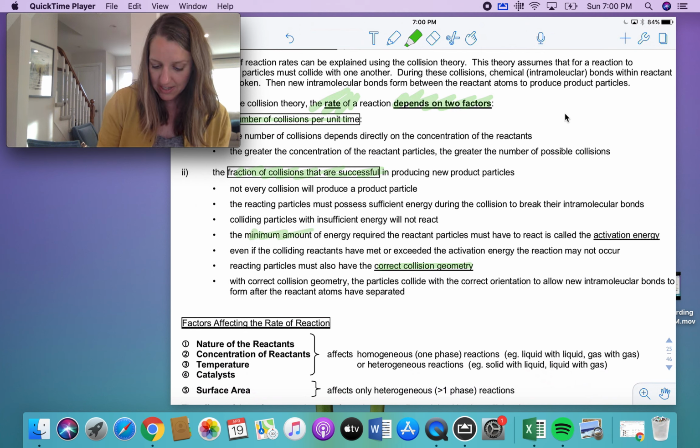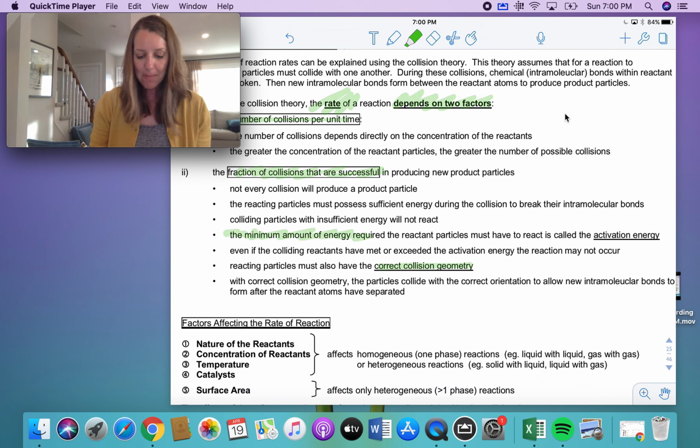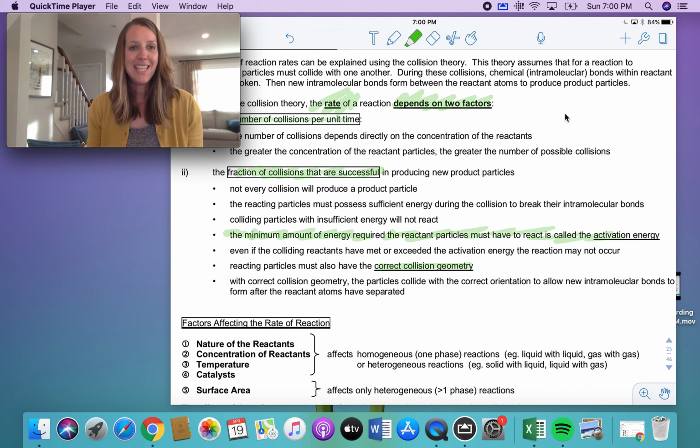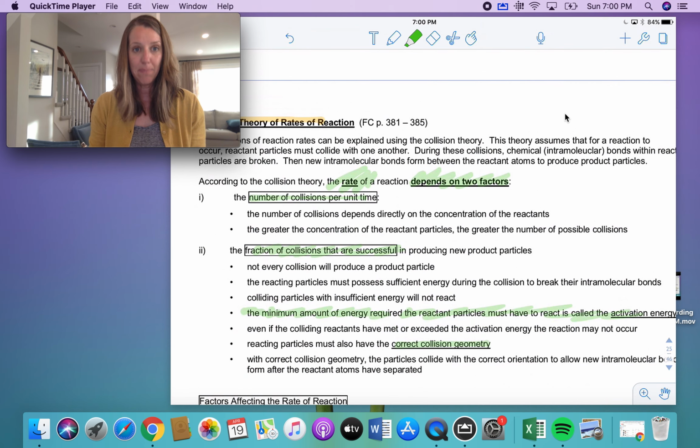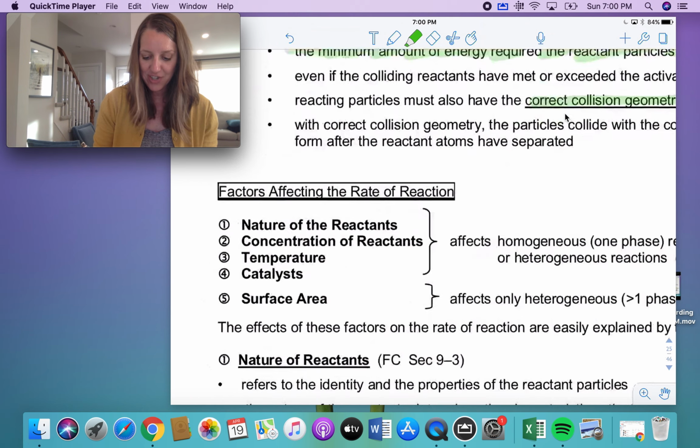One more thing is this part right here, one more factor. Minimum amount of energy required to meet the energy of activation. All right, so that's the collision theory basis for explaining what's happening to these molecules as they're reacting with one another, okay? And then there are some factors that affect the rate.